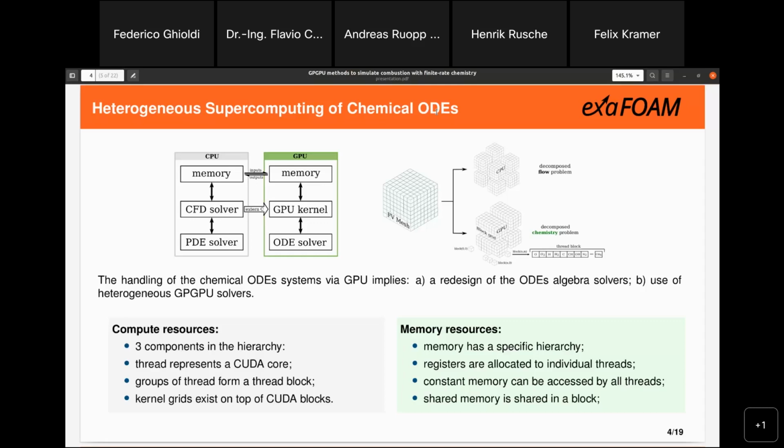And since in every single cell you have the presence of chemical species, you handle every single chemical species inside of each cell in parallel. And so you're producing a two-level parallelization, by considering, of course, the threads. So the two-level parallelization is connected to the architecture of the GPU: blocks, cells, and threads with species. So this allows us to have a massive parallelization.